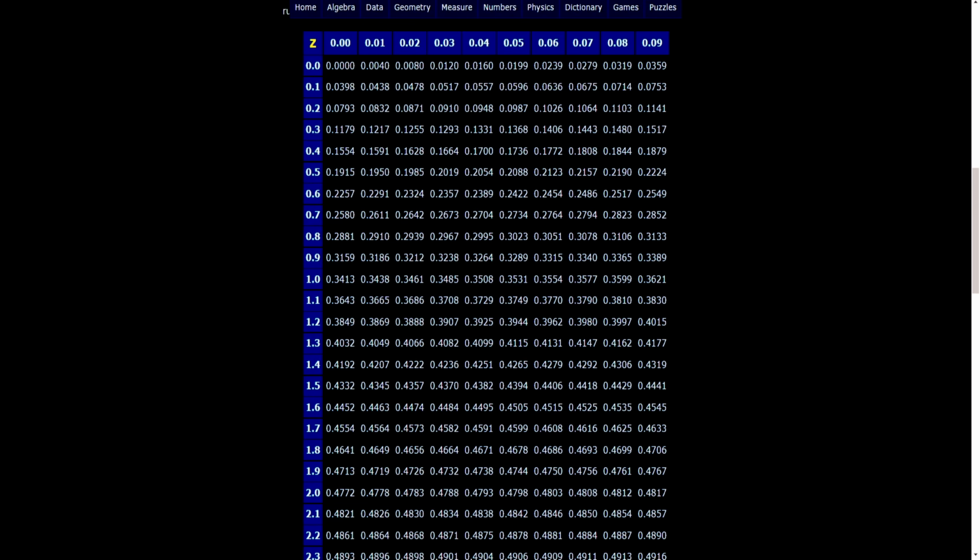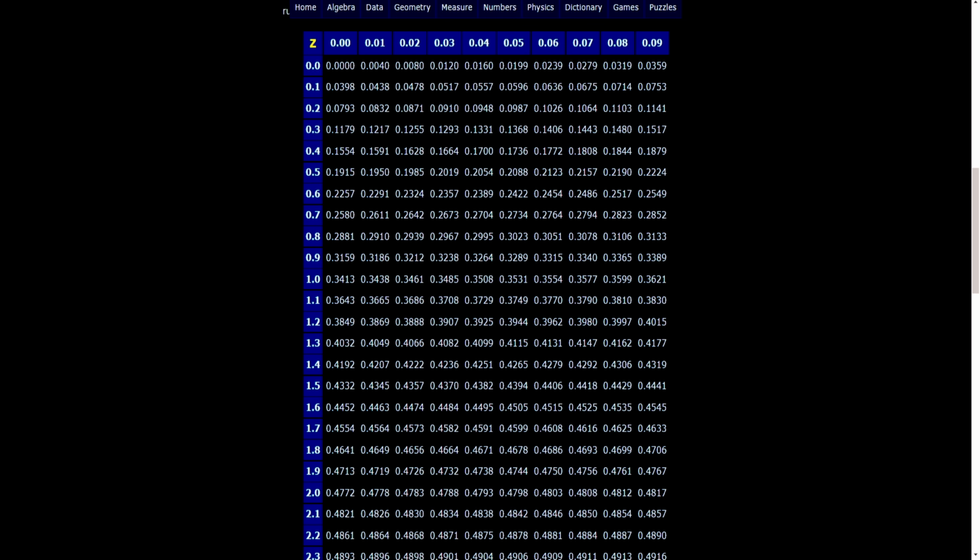As you can see here, 0.44, I can see 0.1700, right? Anybody has doubt with this value, please ask a question. Otherwise, it's fine. So 0.1700 is the first value, phi of 0.44.